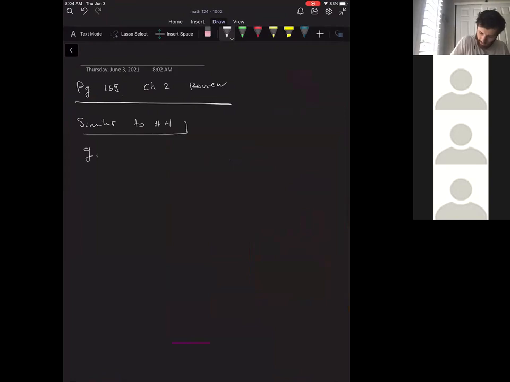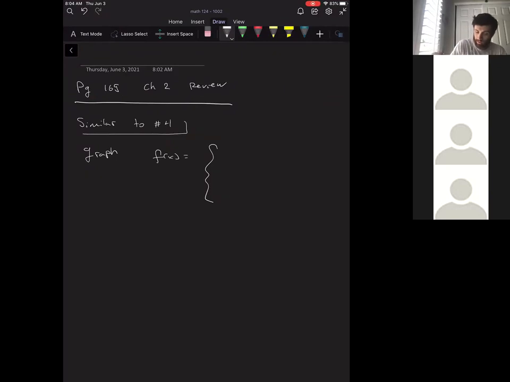Let's graph f of x. These ones in the book are kind of complex. We don't need it to be that complicated. Let's just make one up.